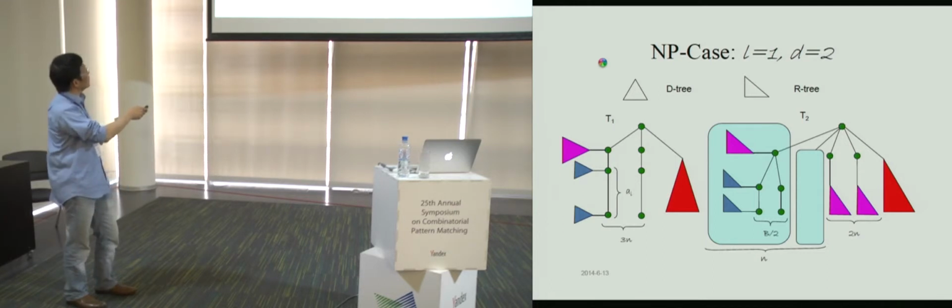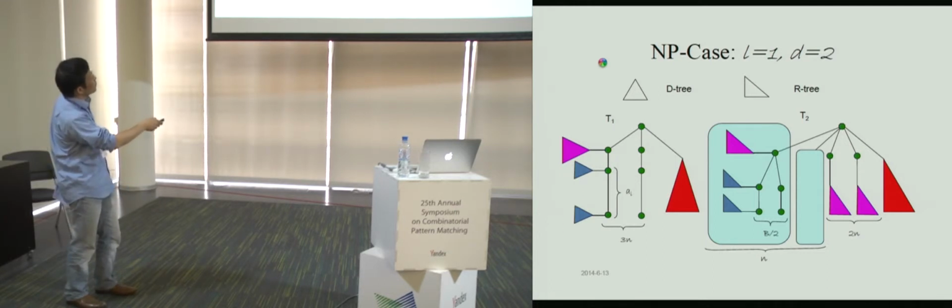Then we have n such blue parts, and each of them has many vertices, many paths of length 2.